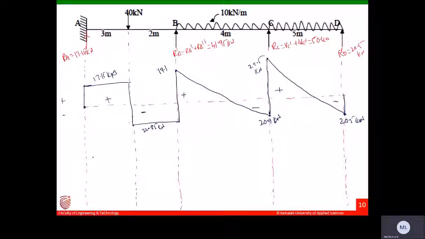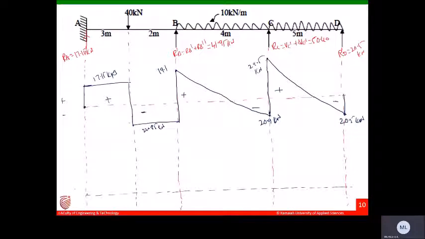Now let us draw the BMD. So let us draw on dotted line. Here it is subjected to a point load, 40 kilonewtons, unsymmetrical loading is there. So what is the variation? First please remember, while drawing SFD, BMD, let us draw due to loading.